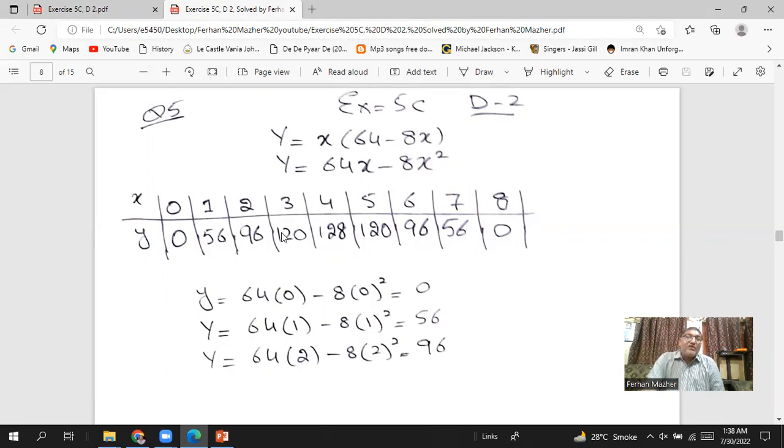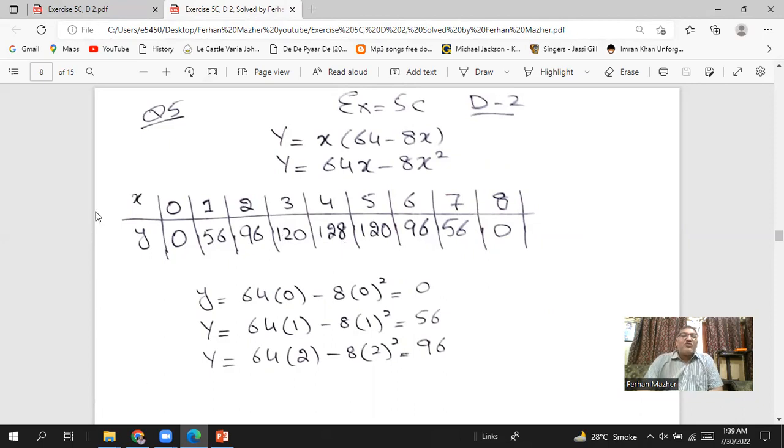When you put x as 3, you get 120. When you put x as 4, you get 128. When you put x as 5, you get 120. At 6, you get 96. When you put x equals 7, you get 56. When you put x equals 8, the y value will be 0.